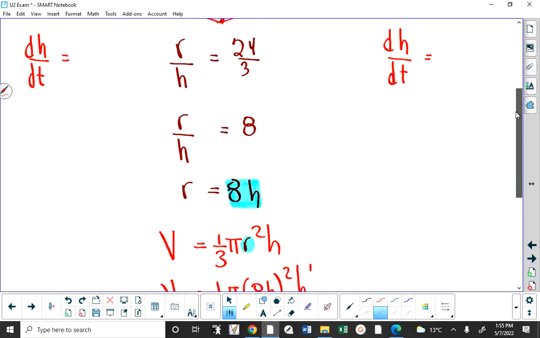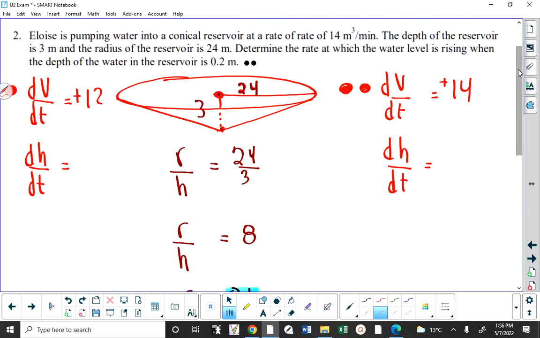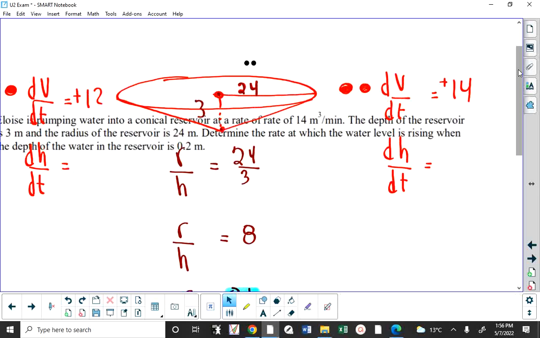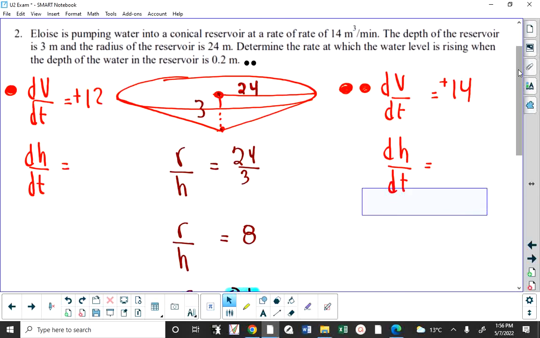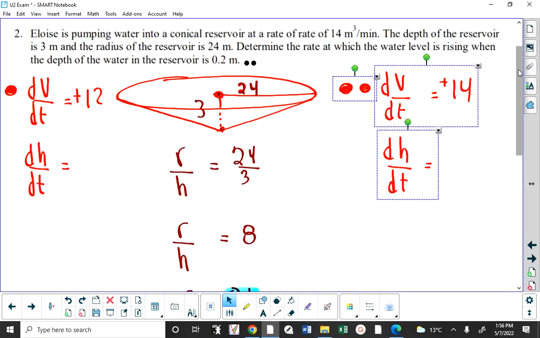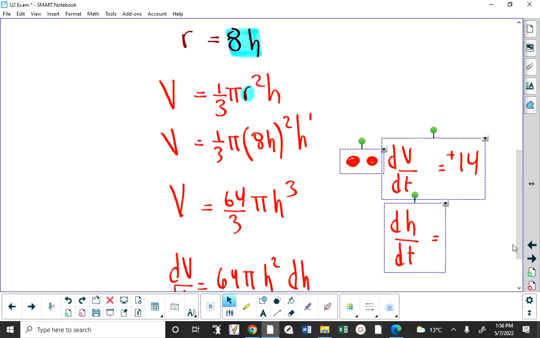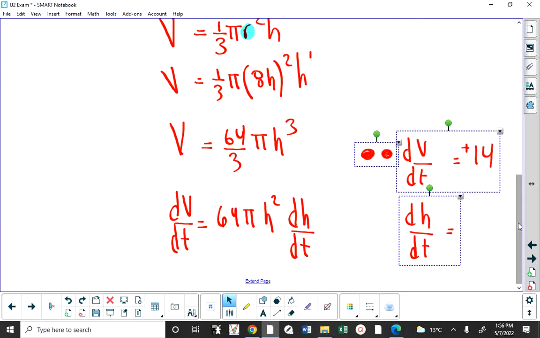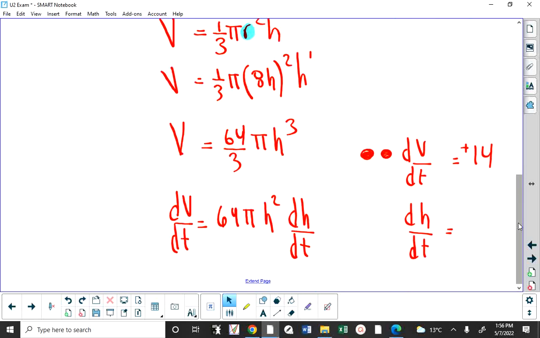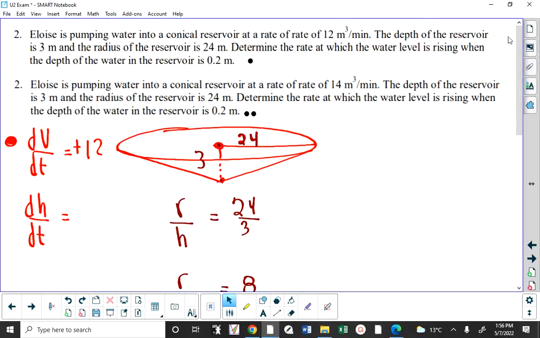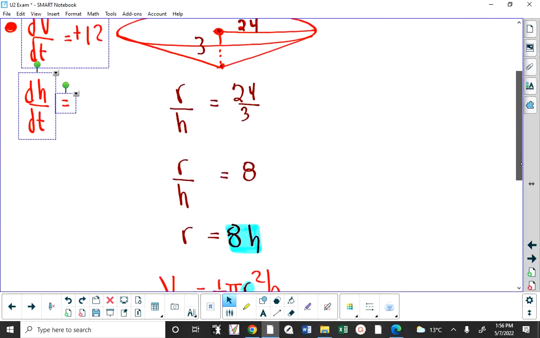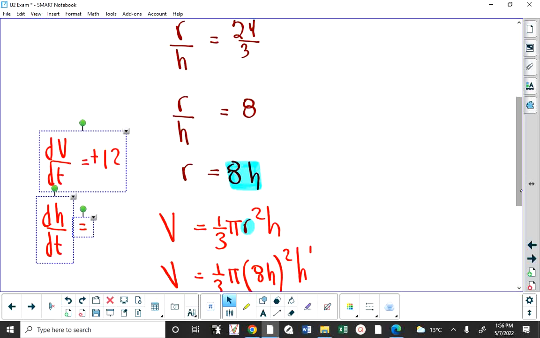So if I go back up here to the top, I knew dV/dt was 14 in version 2. Just move this information down for us so that we can see it. We were also told in both of these questions, find the rate at which the water level is changing when the depth is 0.2 meters.